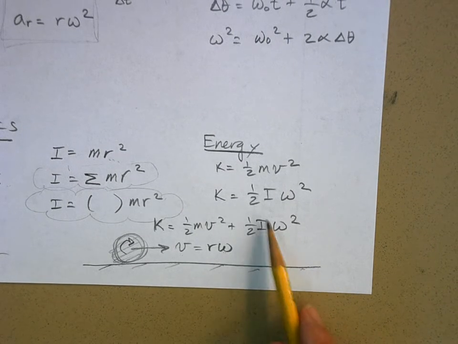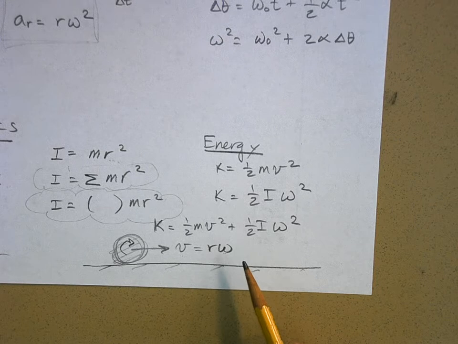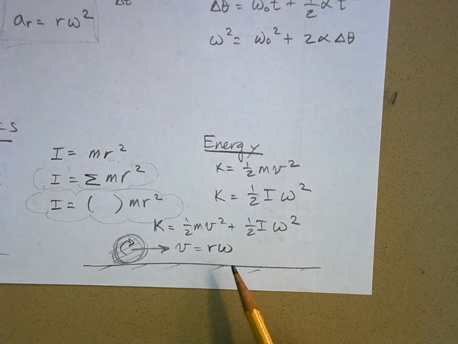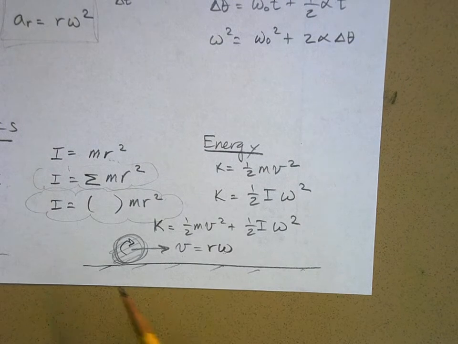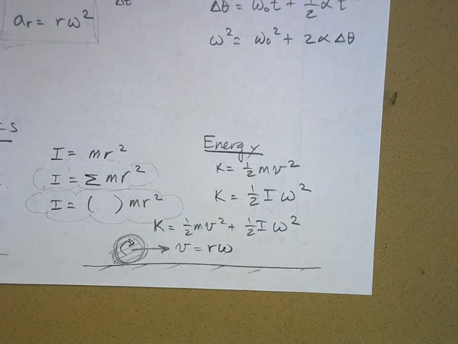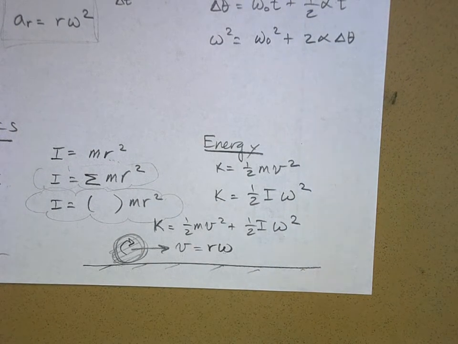And if I is a function of the mass and r squared, the r squareds can cancel. You can just add these together into one term. But I will give you a problem where you have a rolling object and you have to figure out how much kinetic energy it has in a linear sense and in a rotational sense as well. And then the total.